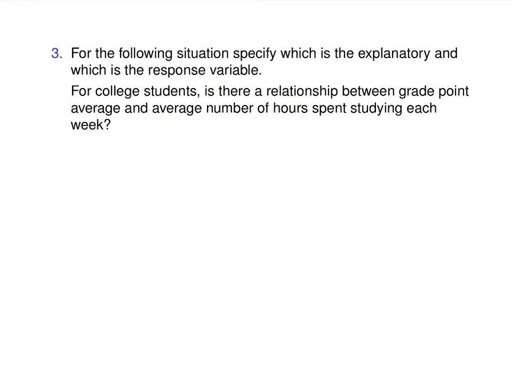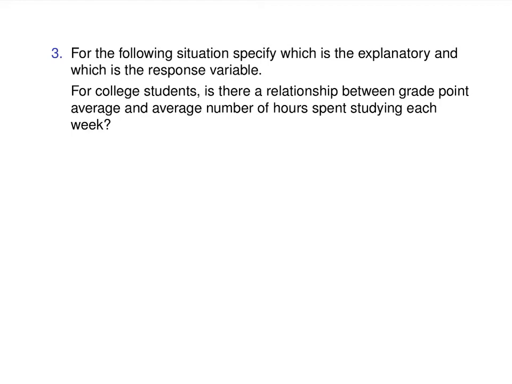Another important relationship that you were supposed to know is the difference between an explanatory and a response variable. Remember that the explanatory variable is supposed to sort of be related to a change in the response. So for college students, is there a relationship between grade point average and average number of hours spent studying? Does grade point average affect how much you study? Or does how much you study affect grade point average?